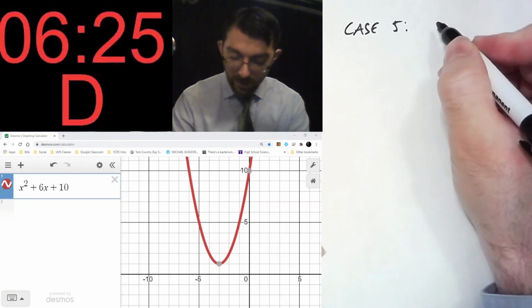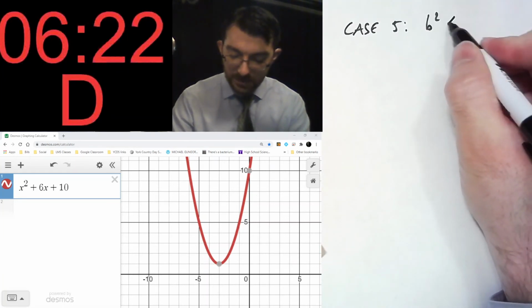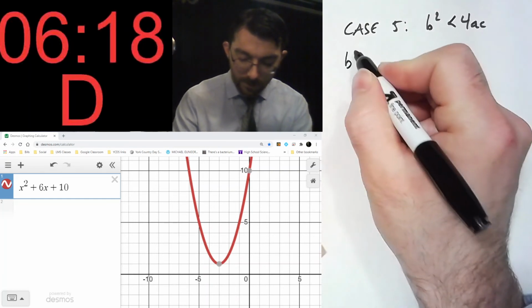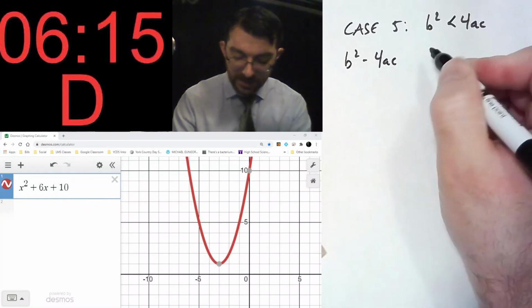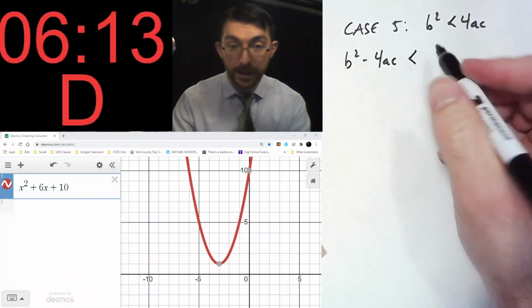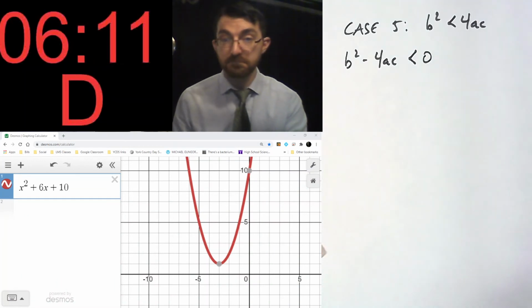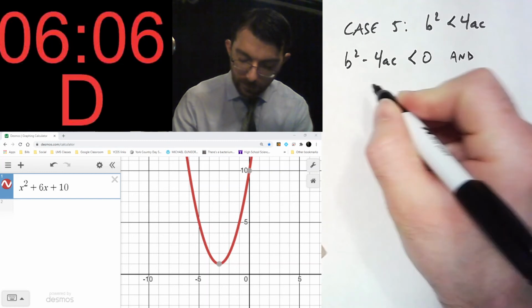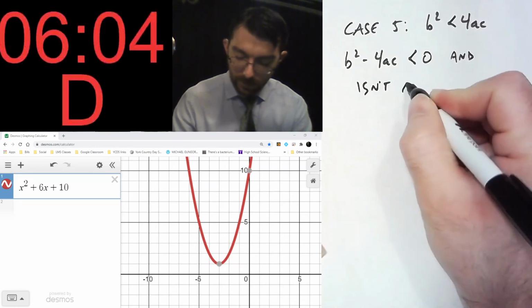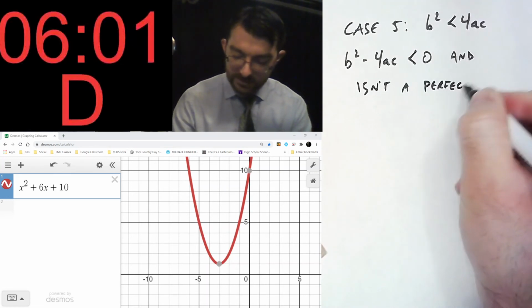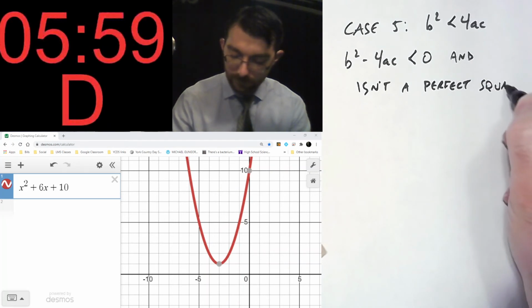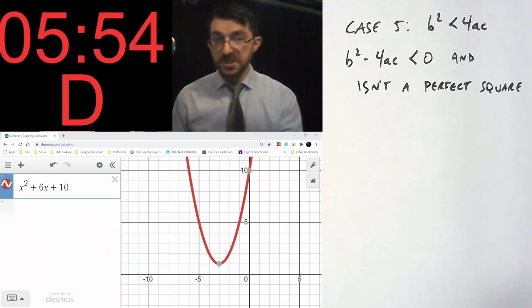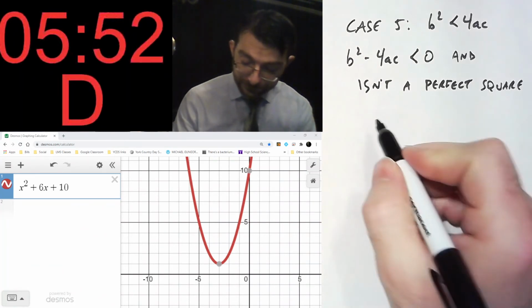Case 5 is where b squared is still less than 4ac, and b squared minus 4ac is negative, right? Still negative, but it's not a perfect square. Well, we just need an example to see how it works.